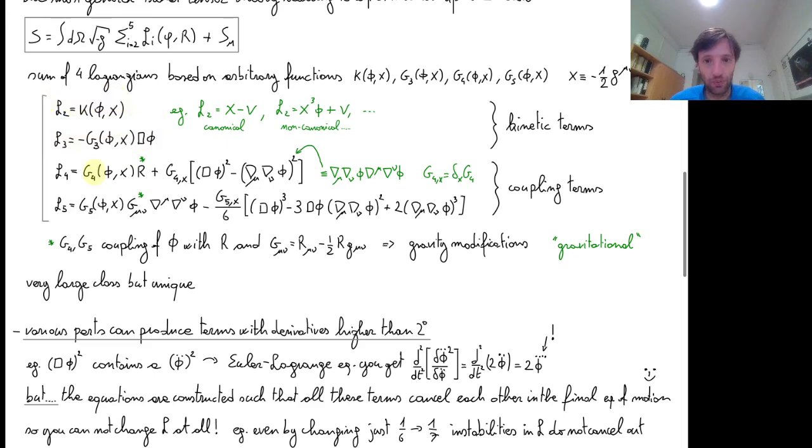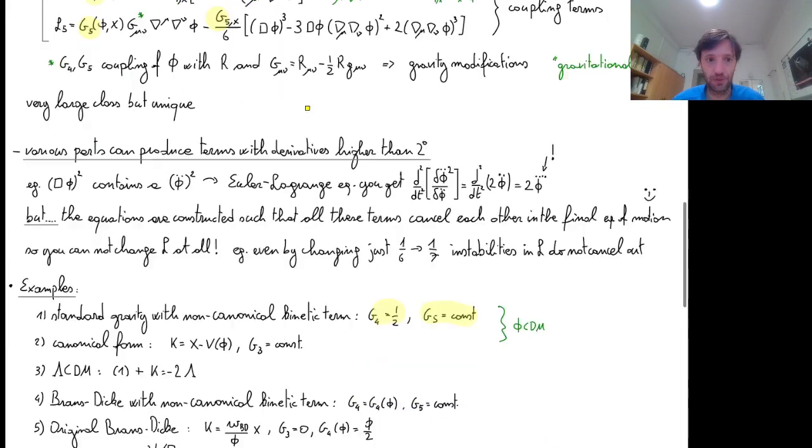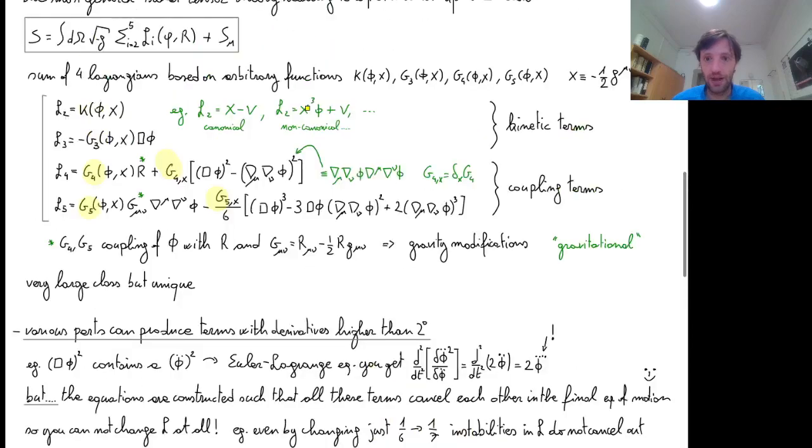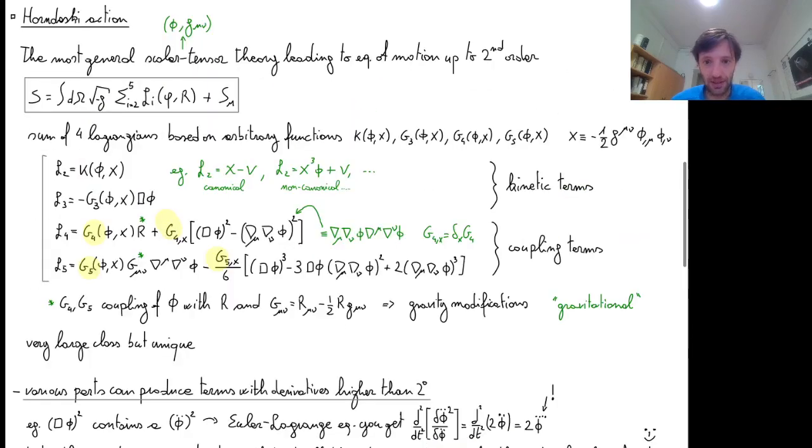Okay, so if you set up G4 and G5 in this way, then you get standard gravity, but the fluid has a kinetic term which might be non-canonical, because, for example, we can choose L2 like this one, where we have our kinetic term.